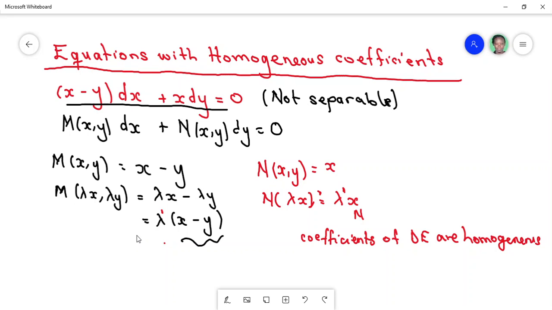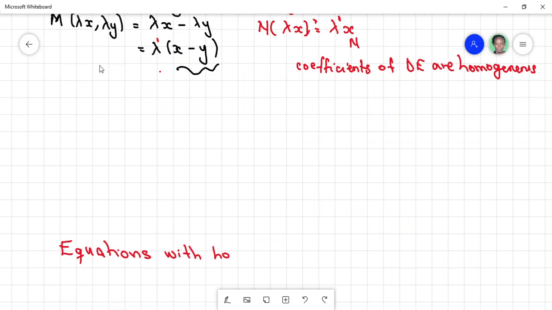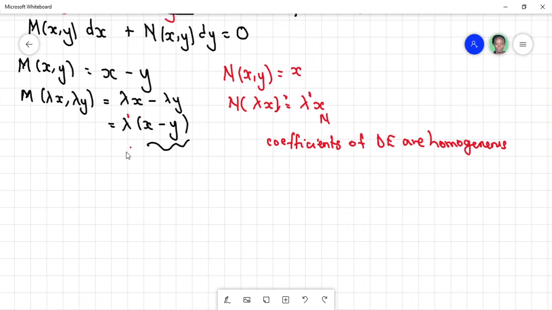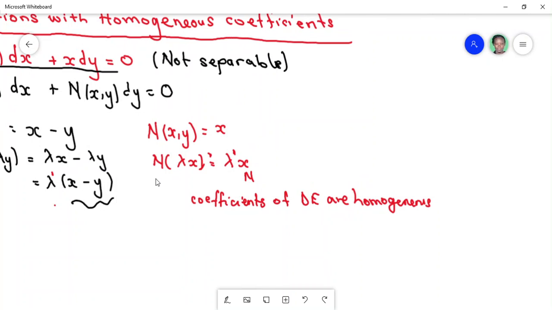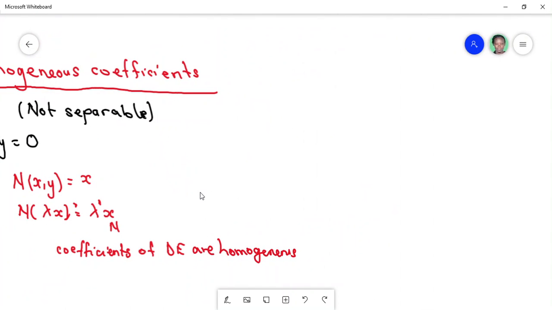And what is the substitution method? From our previous lesson, this is the substitution.